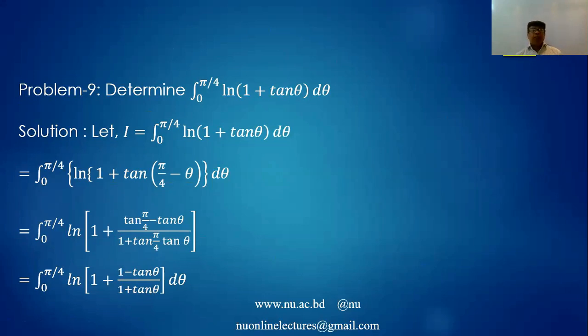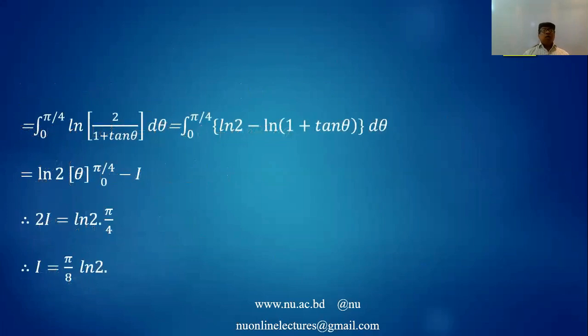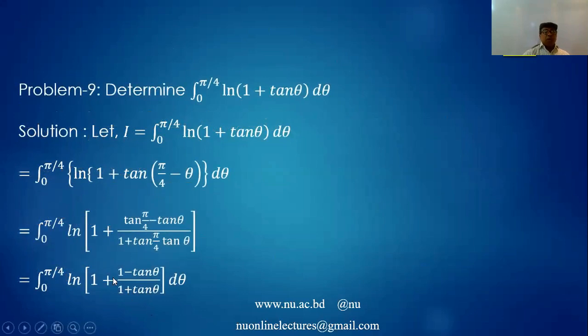Okay. Now the integral from 0 to pi by 4 of ln, after taking the LCM, it will be 2 divided by 1 plus tan theta. Because doing the LCM: 1 plus tan theta plus 1 minus tan theta, so plus tan theta and minus tan theta cancel, and the rest will be 2.